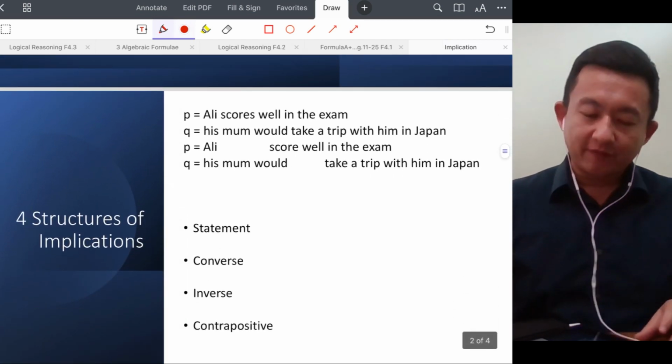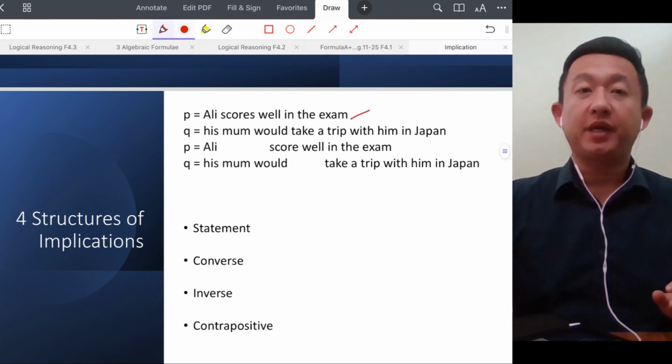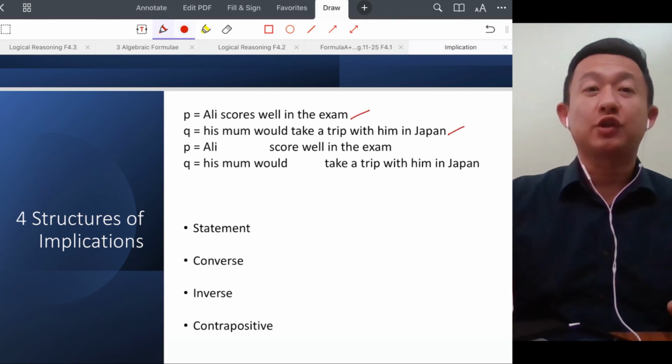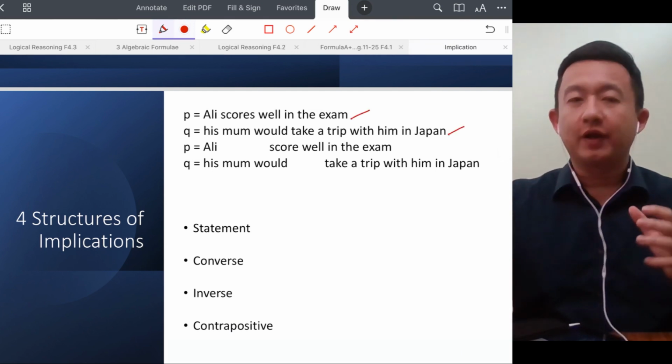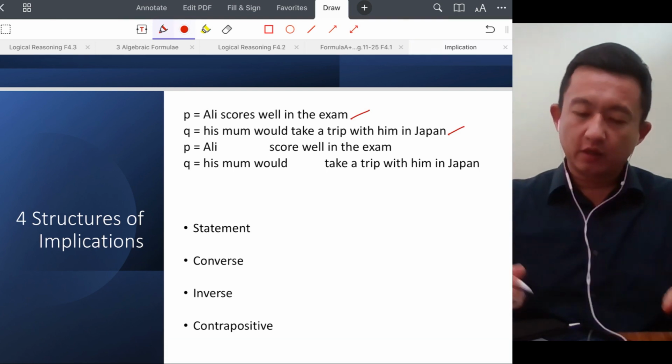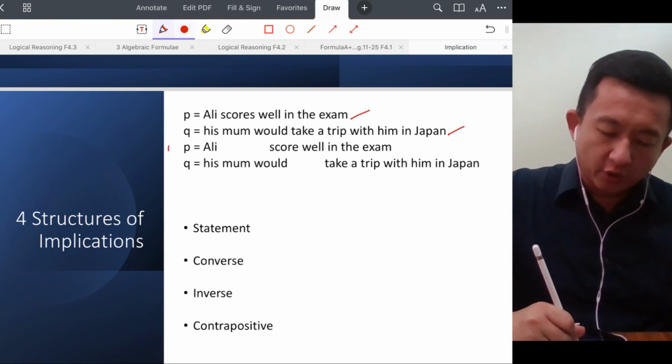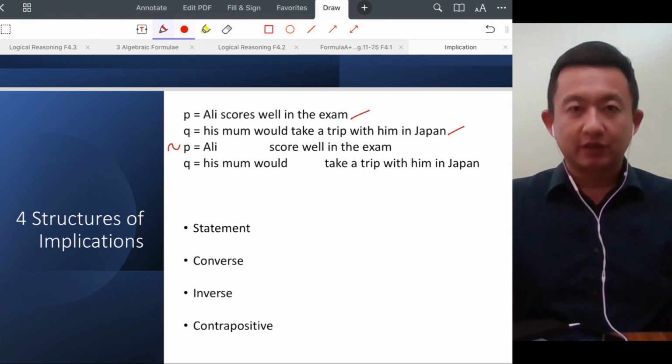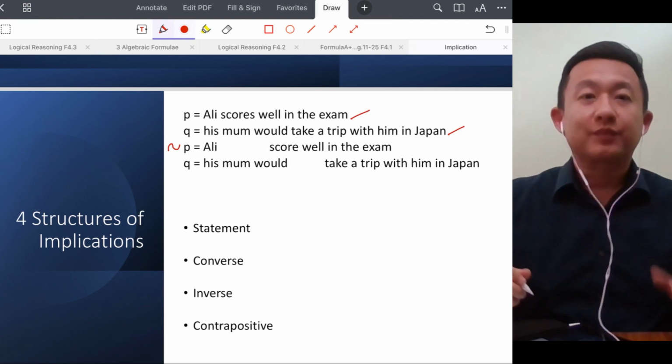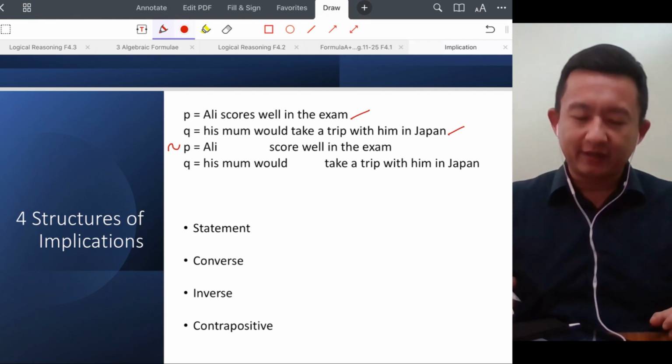Okay, so let's have a look at this one. If this is your P and this is your Q, you also have the opposite of P, which you write in this case. There are three ways of calling this.